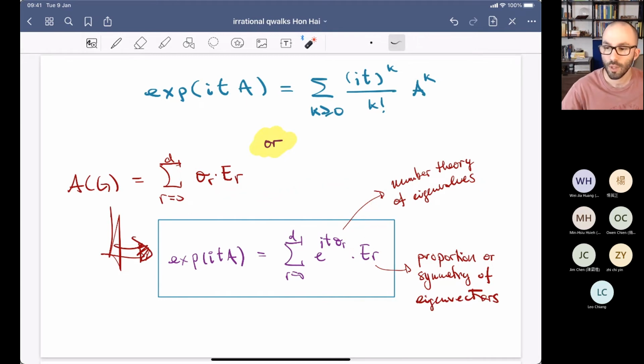And this is a very nice, easy to deal with matrix, because you have a finite sum, each term corresponding to a distinct eigenvalue of your graph. You have complex numbers, each one corresponding to the parameter t, which is the time of the system evolving, a complex unit, and an eigenvalue. And you have a projection onto an eigenspace, which is a real matrix that you can very easily compute.